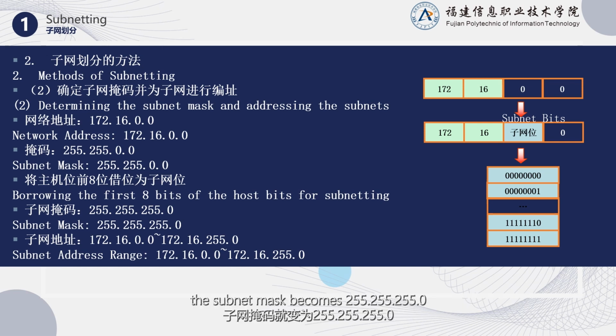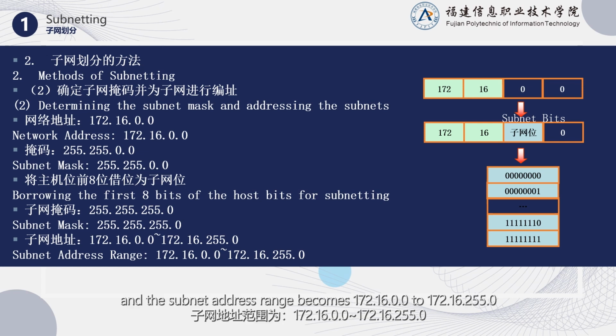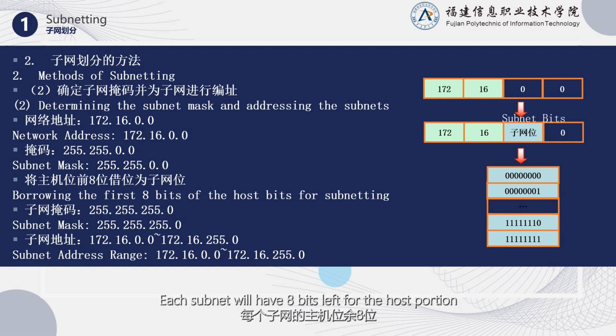As a result, the subnet mask becomes 255.255.255.0, and the subnet address range becomes 172.16.0.0 to 172.16.255.0. Each subnet will have 8 bits left for the host portion, allowing each subnet to accommodate 254 hosts.